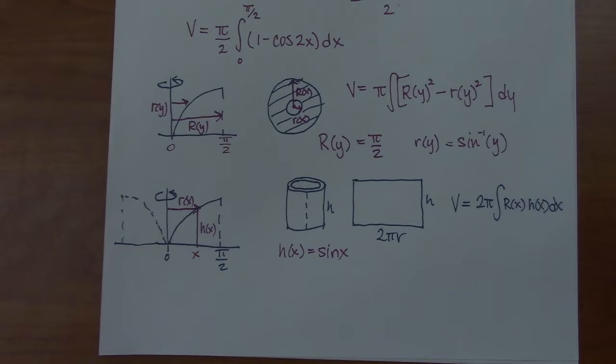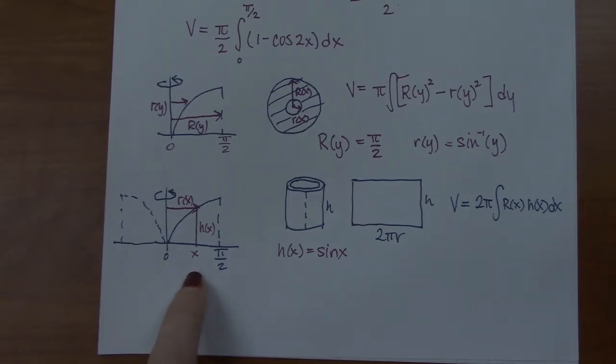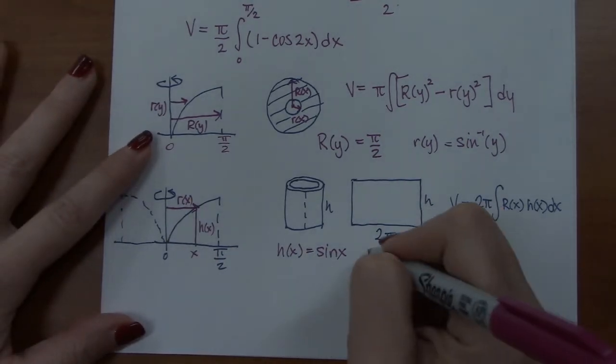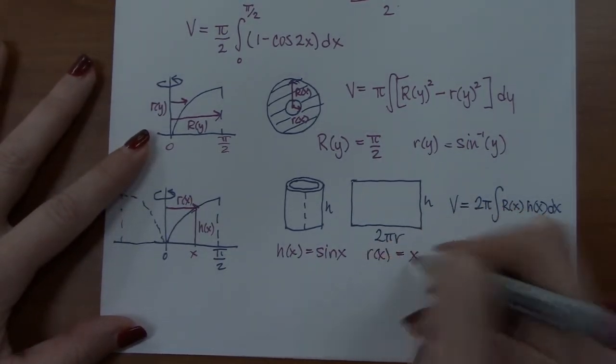When you're reading a graph, if you go from the x-axis up to the line, that's f of x, that's the height that comes out. But if you read across from the y-axis over to a point on the x-axis, those are just the x values you put in. So if I put whatever arbitrary x value between 0 and pi over 2, when you plug that into sine of x, it gives you the appropriate height. So r of x is just x.